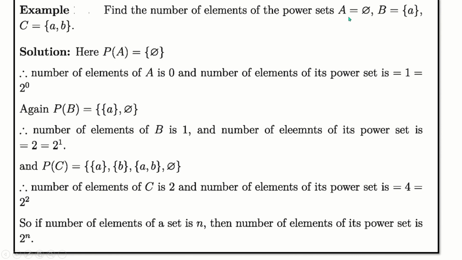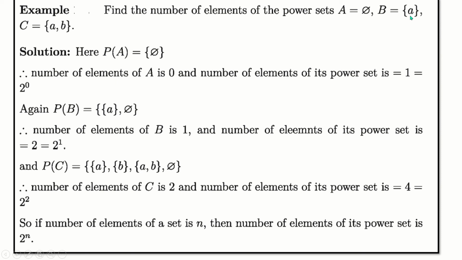Here the set given A is equal to null set whose element is 0. So the subset of the null set will be only the null set, that means this, and this set is the power set.